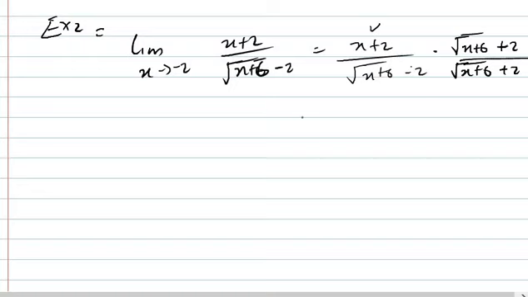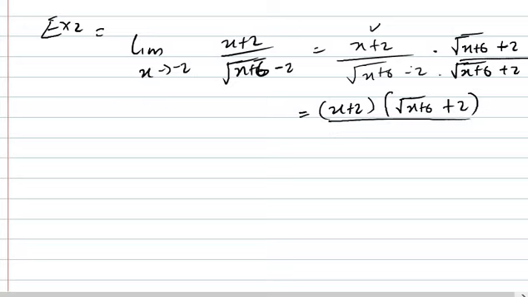So for this we have x plus 2 times the root of x plus 6 plus 2, and the denominator is the same as here, and the only difference is just the sign, so it's a difference of squares.